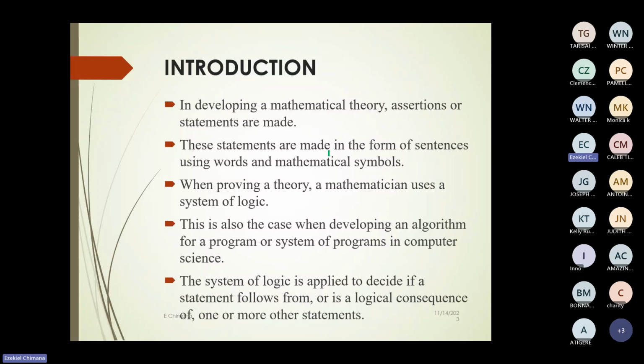Of logic, where you say this one can imply this, or this one can give us this, so that you can assert this one is true. This is also the case when developing an algorithm for a program or a system of programs in computer science. The system of logic is applied to decide if a statement follows from, or is a logical consequence of, one or more other statements.